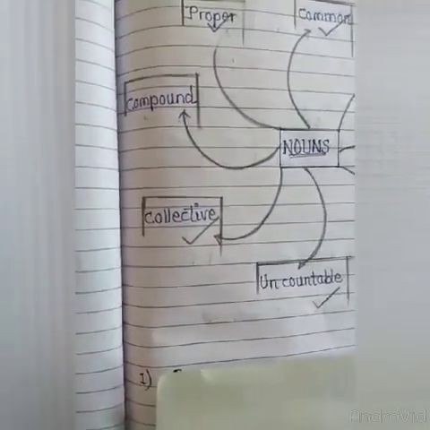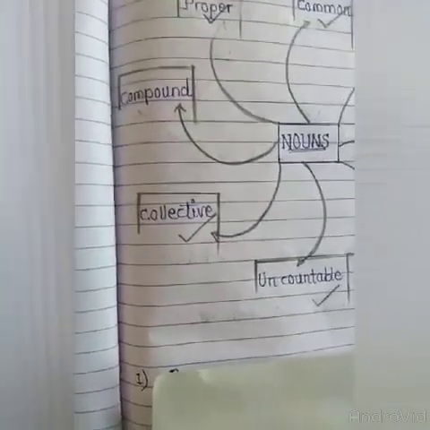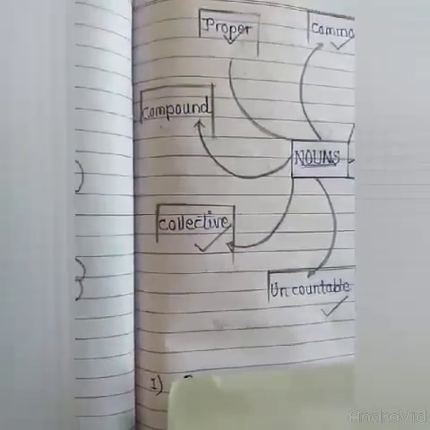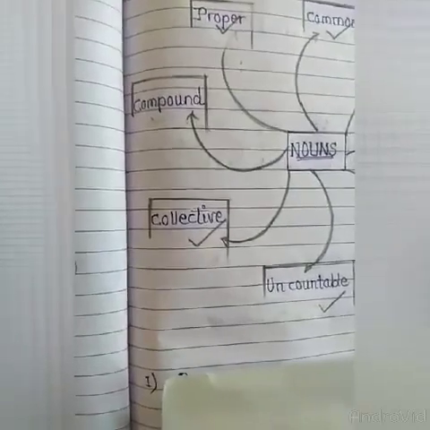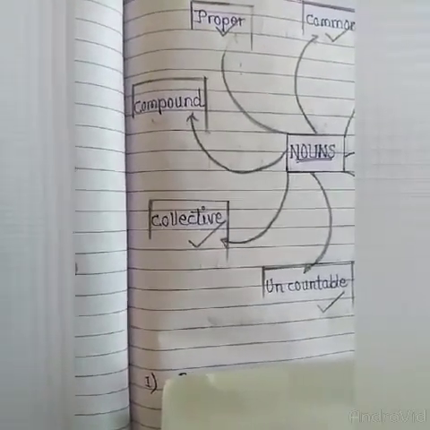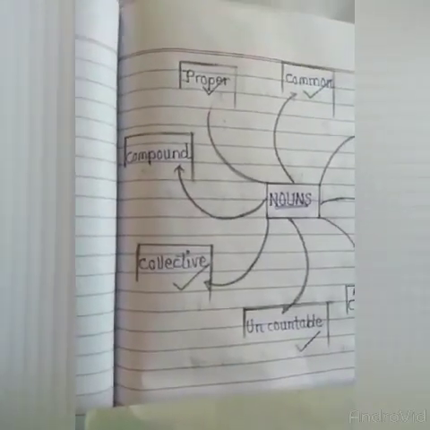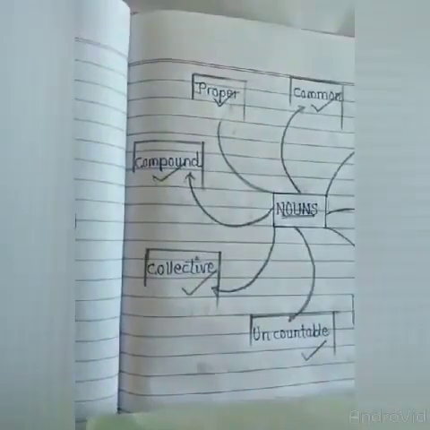Often, a collective noun is used with certain kinds of people, animals, or things. For example, we say a band of musicians, a pride of lions, a group of people, a team of players, etc.